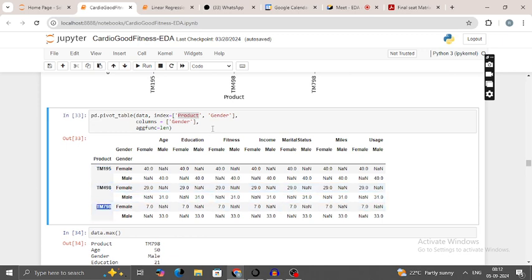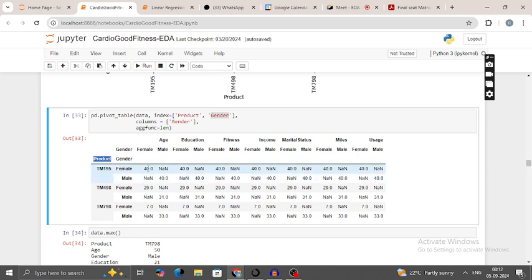And what types of gender do you have? Male and female. And male and female across age, across education, across fitness level, across income, across marital status, across miles, across calories burnt, and across usage versus product.